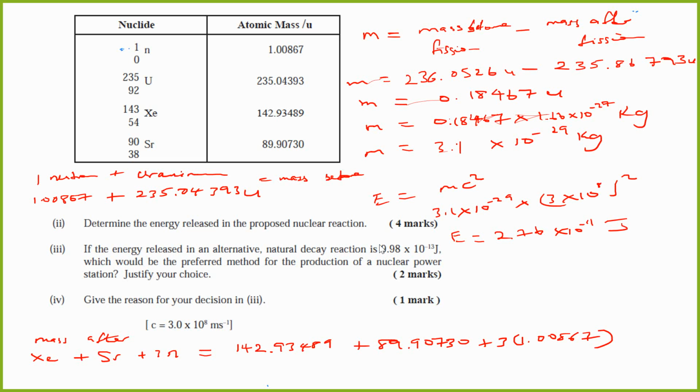When they say give the reason for your answer, I don't like that part of the question, because they would have already asked you to justify your choice. I don't know why they asked that again. But yeah, I think that's the answer that I would work with.